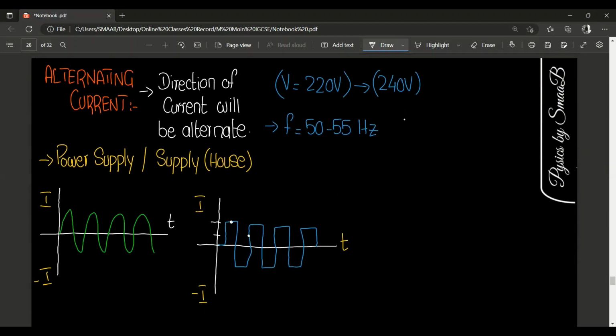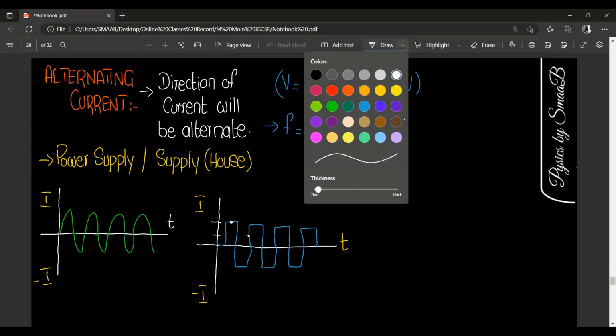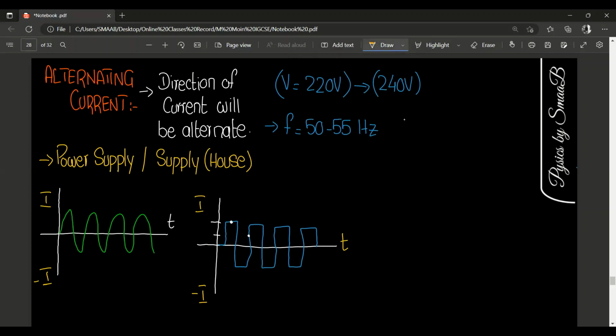And if we discuss the flow of electric current, we previously discussed, or we know, that if we take the example of a battery or a power supply or any source of electricity, there is a positive terminal and a negative terminal, right?